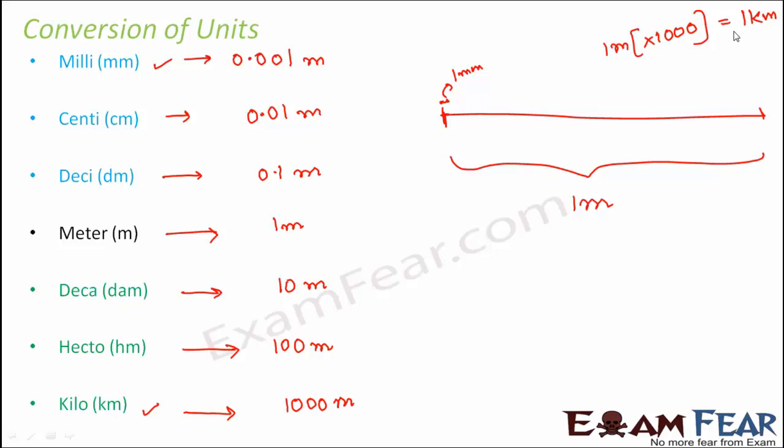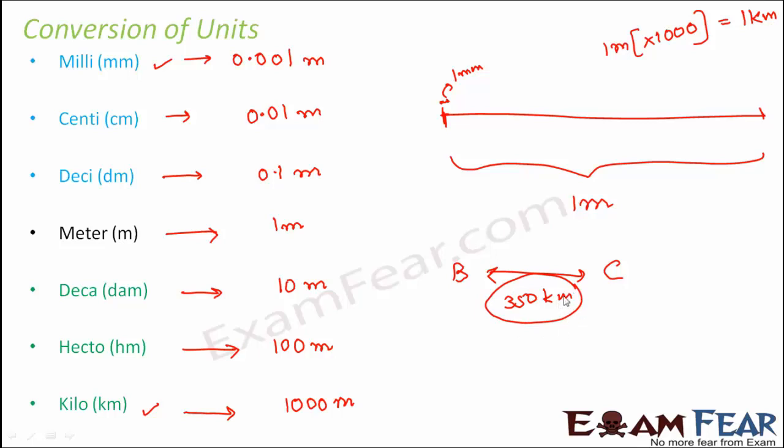Now let me again take the same example of the need for so many units. As I was telling, when we want to measure bigger distances, we prefer using bigger units. Do you know why? Let's talk about the same example of Bangalore to Chennai. I said the distance between Bangalore and Chennai is 350 kilometers. Writing 350 kilometers is very convenient and easy to remember.